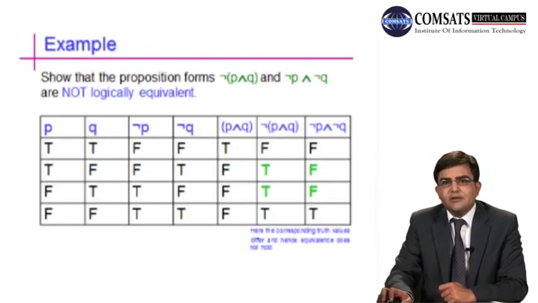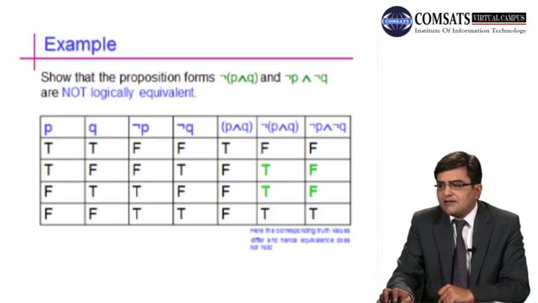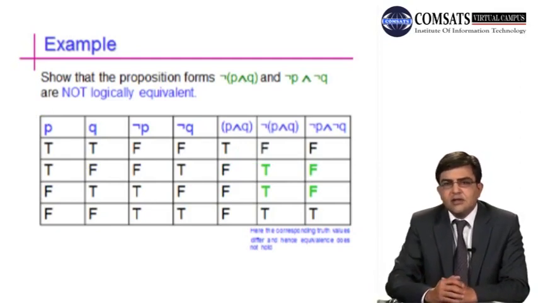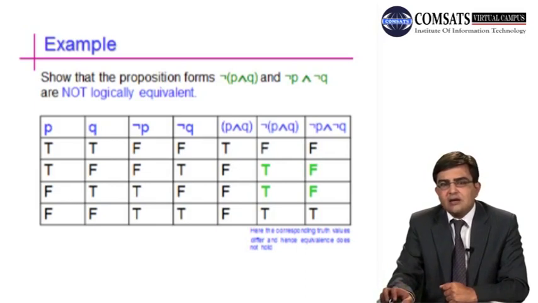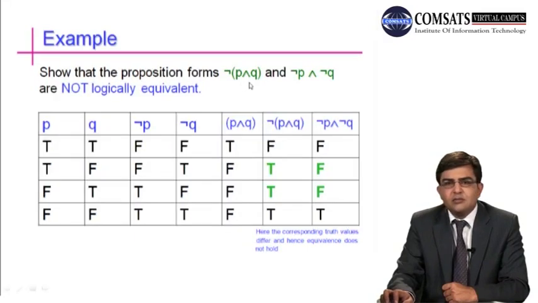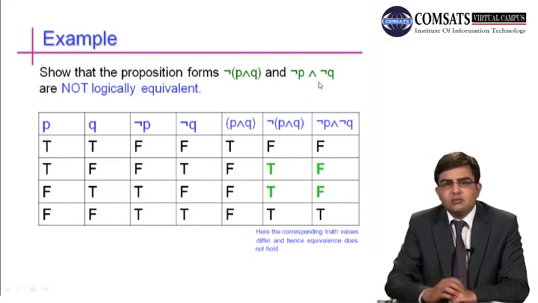If we take another example, in this example we will show that two compound propositions are not logically equivalent. Suppose we have this compound proposition, not P and Q, and the other compound proposition is not P and not Q. We'll show by using a truth table that these two compound propositions are not logically equivalent.